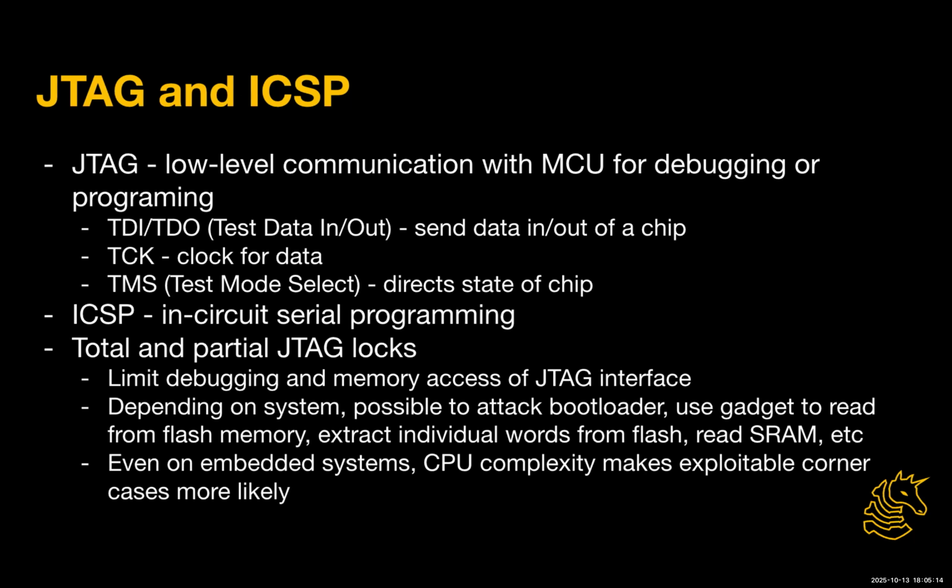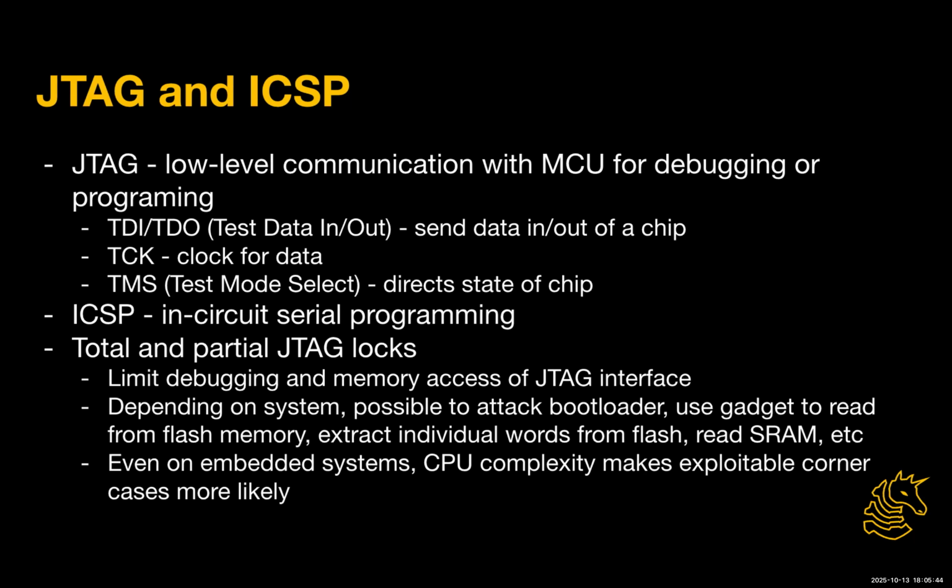Due to the power of JTAG to allow you to directly debug the code, in order to limit the control you can have over an embedded system, many manufacturers will implement total or partial JTAG locks, which will limit the debugging memory access of the JTAG interface. Even despite these locks, depending on the system, it's still possible to attack the bootloader directly. Or if you're not allowed to read flash memory, there might be existing gadgets in the code that let you read the flash memory anyway.